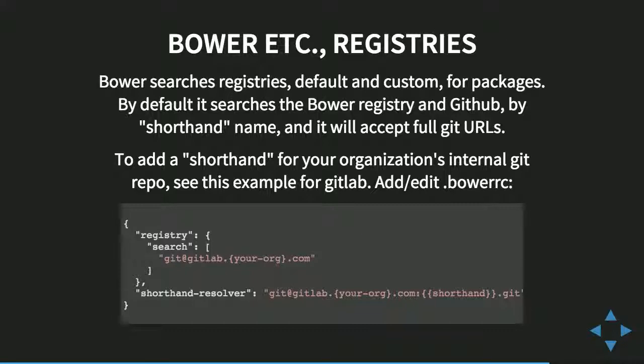Then you want to go into your Bower RC file, and you tell it how to find your new module repositories. Now, Bower will automatically pull from the Bower, I think, .com site. They have a repository up there. It will also pull from GitHub automatically.